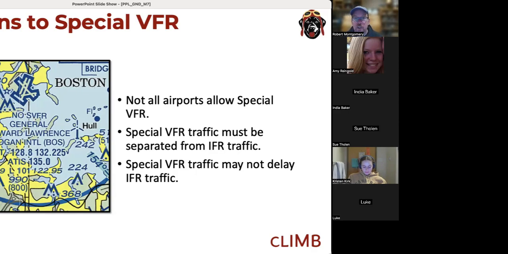Number two, special VFR traffic has to be separated from IFR traffic. And special VFR aircraft may not delay IFR traffic. So the busier the airport you're at, the harder it is to use a special VFR to get in and out, right? So just to be aware.